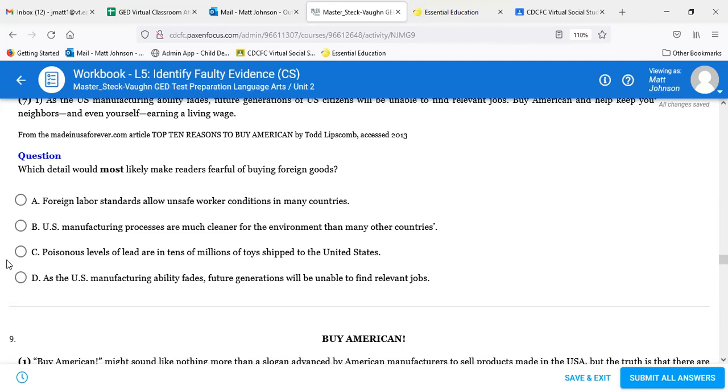C. Poisonous levels of lead are in tens of millions of toys shipped to the United States. D. As the U.S. manufacturing ability fades, future generations will be unable to find relevant jobs.